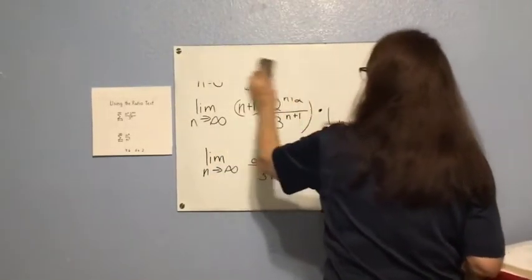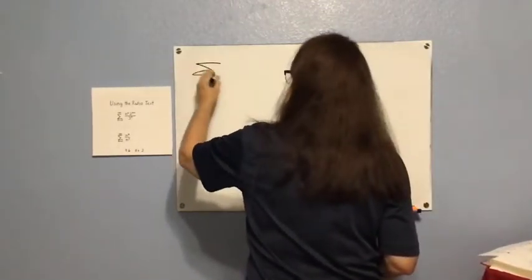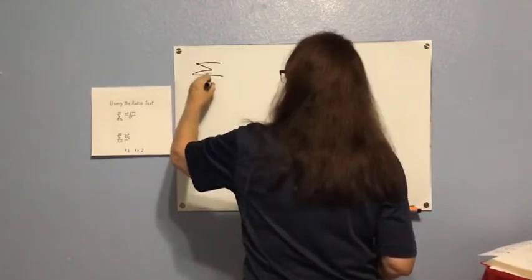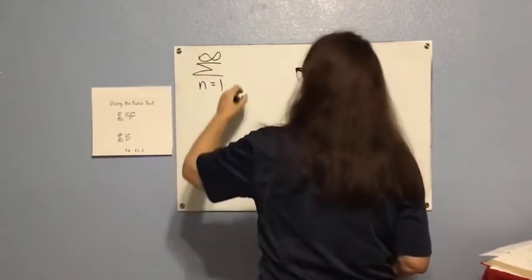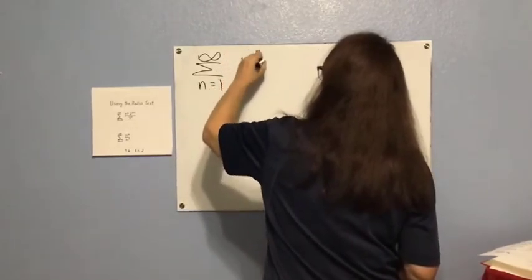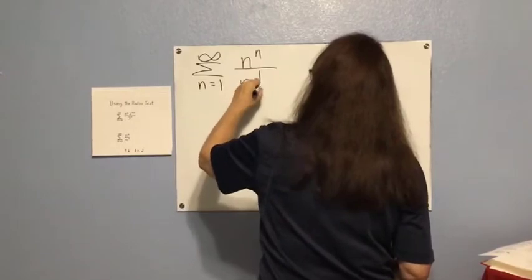Let's look at another one. N to the n power over n factorial.